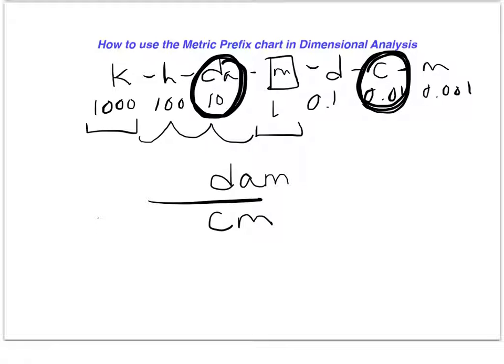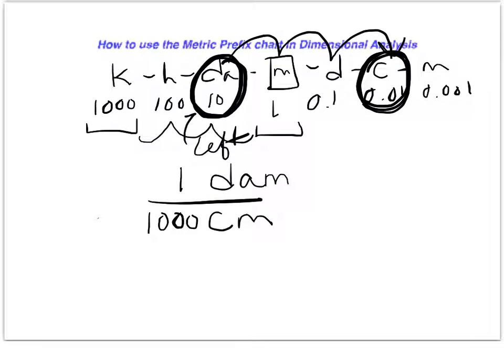And we see that deca is to the left. So the left one is larger and gets a value of 1. That means it's going to take 1, 2, 3. It's going to take 1,000 centimeters to make up 1 decameter. We want to go back to our metric slide, and we can see that milli and centi are right by each other, and that centi is less than milli.